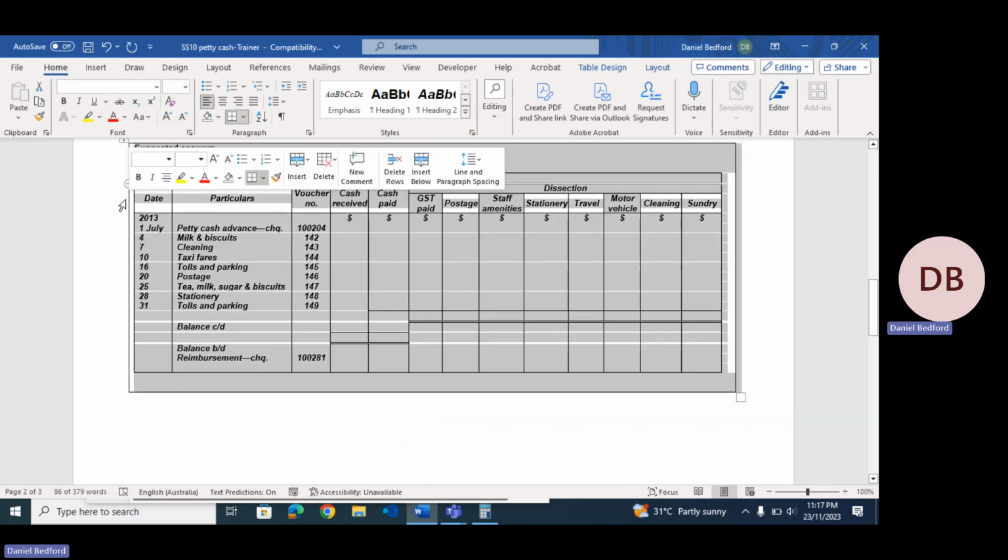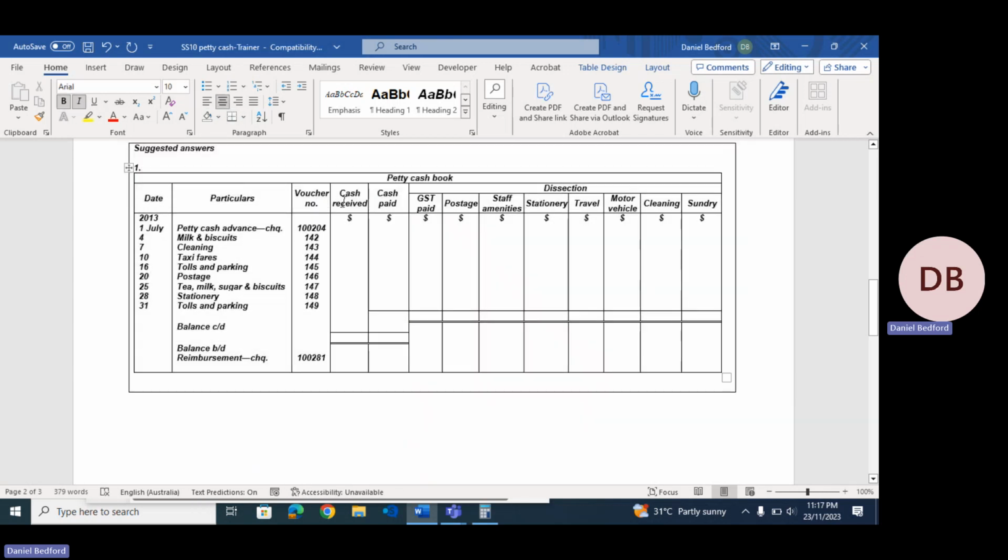So it's still the same idea, just a slightly different format. But here you've got your total cash paid or your total paid and the breakdown of what was spent. And again, to save me a little bit of time, I've got the descriptions in here already. So really the focus is on taking the transactions from the previous page and showing you how to record them in here. So let's make a start.